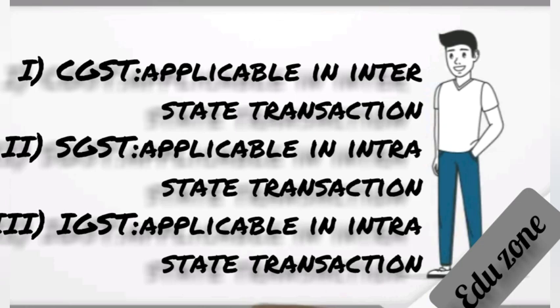Half of the GST will go to the central government as CGST, and half to the state government as SGST. Half of 10% is 5%, so 5% of rupees 1,000 will go to the central government, and the other 5% will go to the state government in the form of SGST. Okay, so is it clear here?